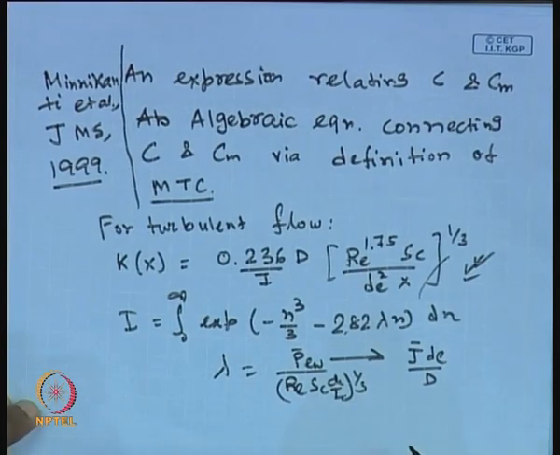Okay. So again we will be getting 3 governing ordinary differential equations, 3 governing equations for 3 quantities. One is the transmembrane pressure drop, another is the bulk velocity, the cross flow velocity, and another is the bulk concentration. The bulk concentration and membrane surface concentration will be connected via an algebraic equation through the definition of mass transfer coefficient.